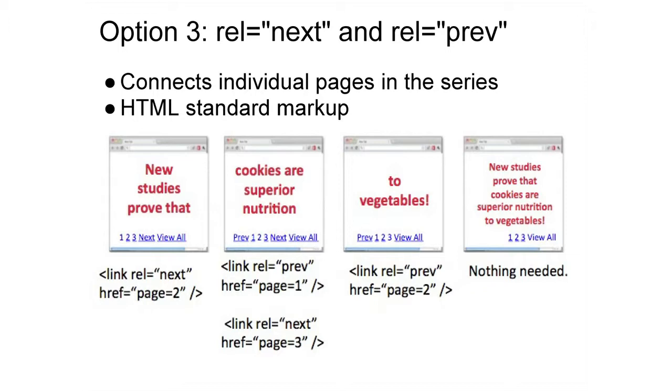You can do this by adding rel next to page 1, and then rel prev and rel next to page 2, all the way to the last page, which only includes a rel prev. And then of course on your View All page, nothing is needed. Rel next and rel prev is standard HTML markup, and it's been around for years. But now Google is using this markup for webmasters to let us know about their paginated content.